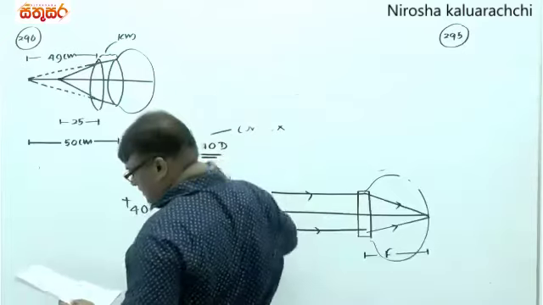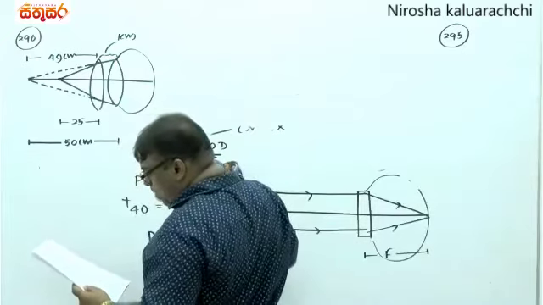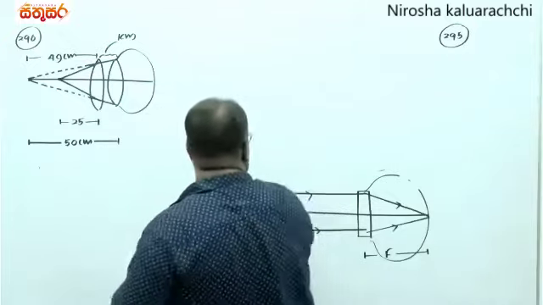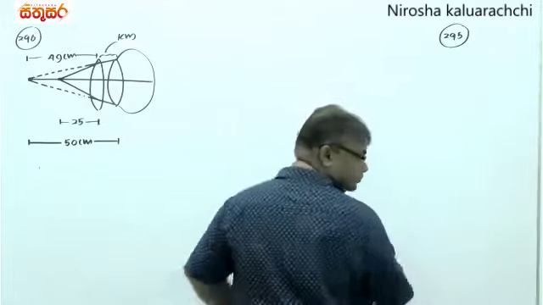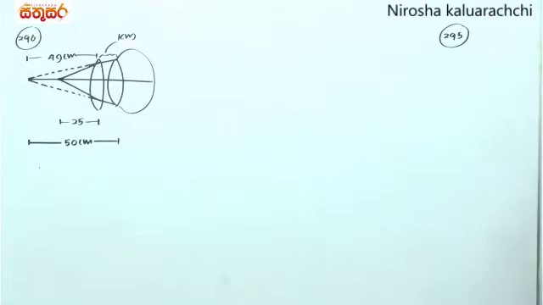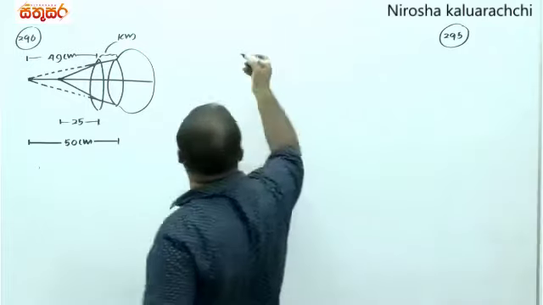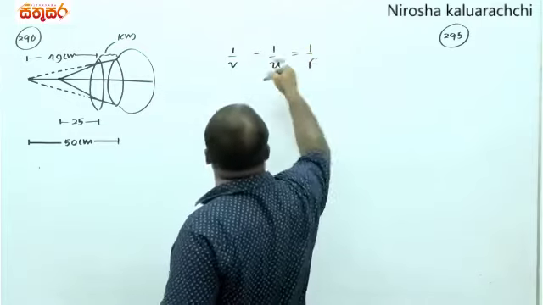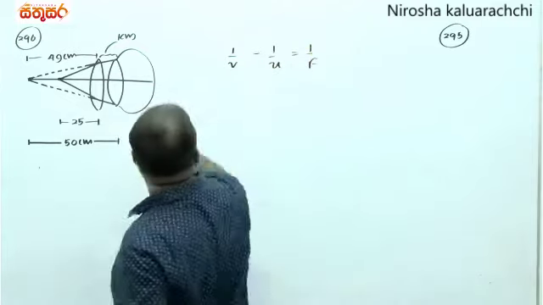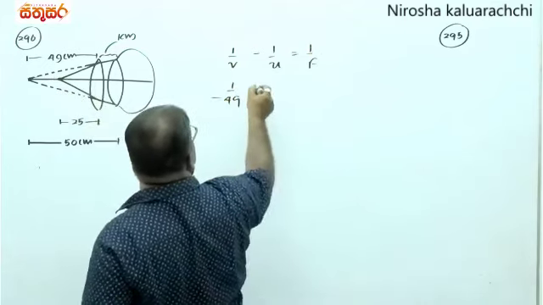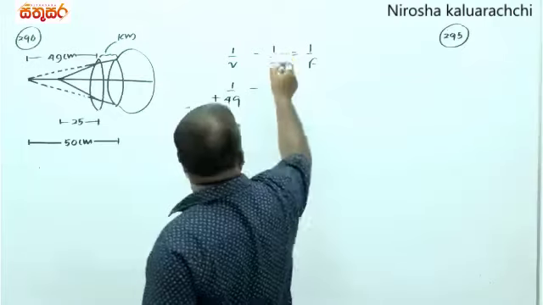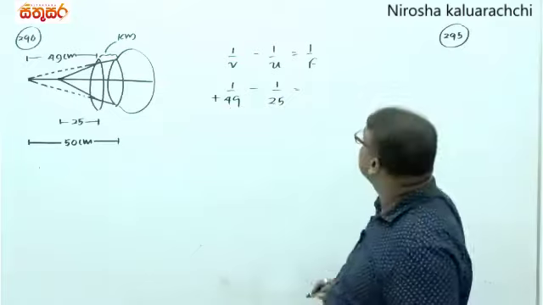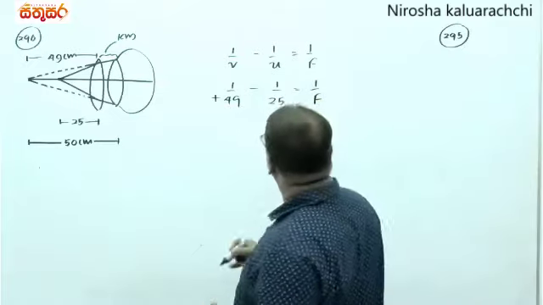Now you are asked to find the focal length of the lens. 1 over V minus 1 over U equals 1 over F. 1 over V should be 49, minus plus, right? 1 over U 25 equals 1 over F to be found.